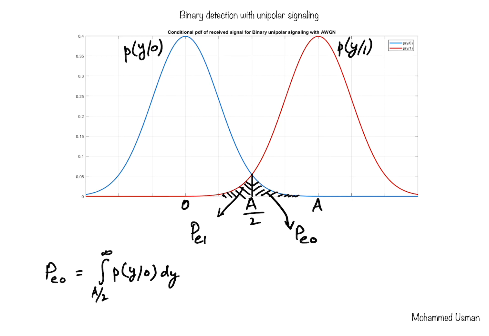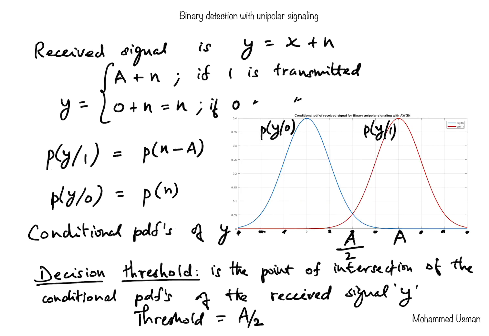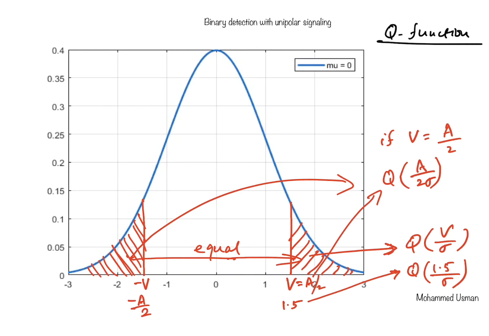So that's our error probability when 0 is transmitted, which is nothing but, if we go back to our Q function, the Q function clearly says if we have some threshold, which we can call V, when the PDF is centered on 0, whatever is that V, we can put it inside this Q of V by sigma.